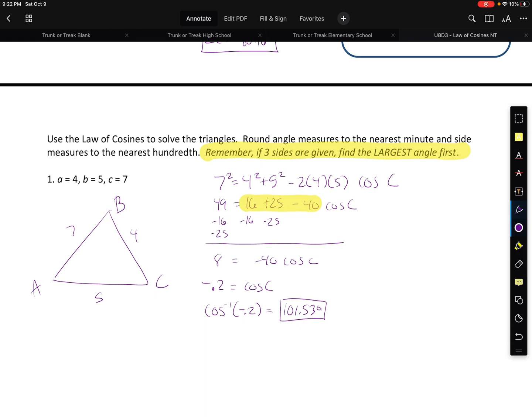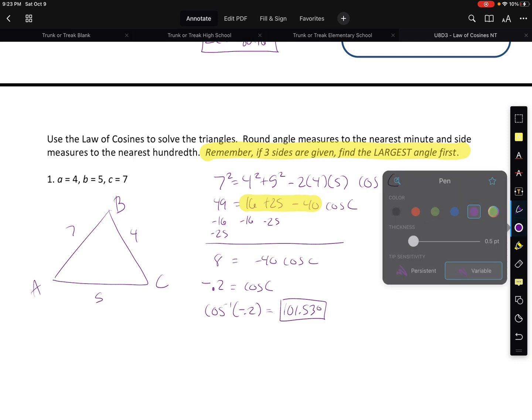Now at this moment, we have the option. If we want to, we could do cosines again, or we could jump to law of sines, whatever you want.